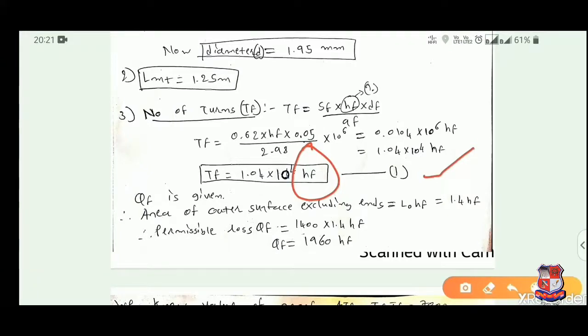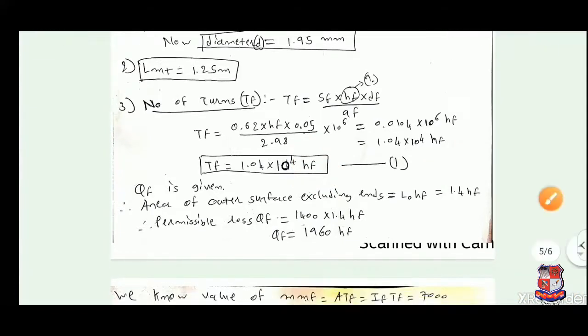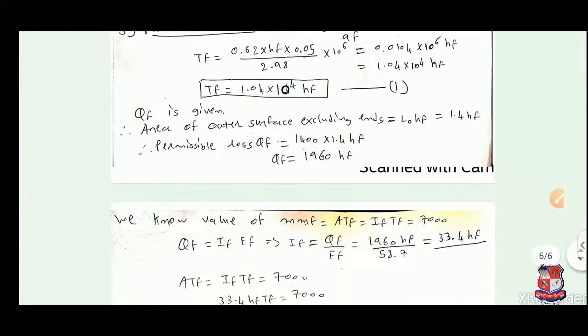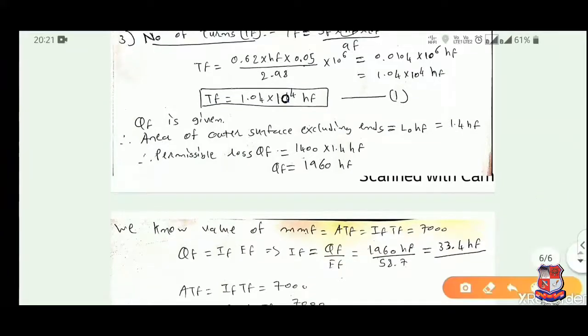Now we don't know how to calculate the TF, so we need to develop the relation, and based on that we can get one equation in terms of HF. We get the equation of TF based on HF. For that, we know the loss given is 1400, which is excluding the surface area. So we can say that QF is more for the excluding surface, because the surface area is small, so the loss will be more.